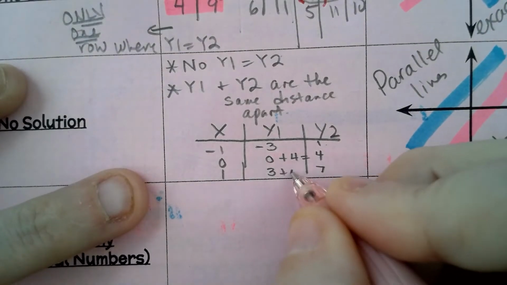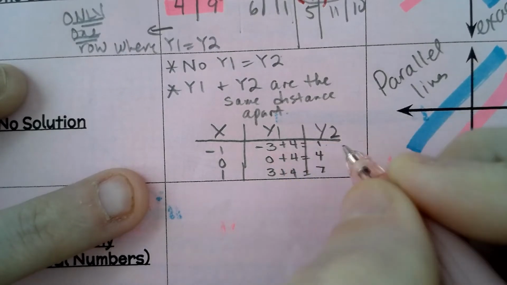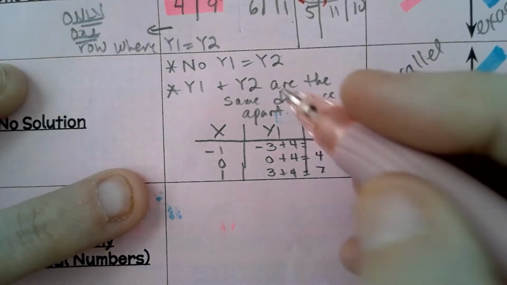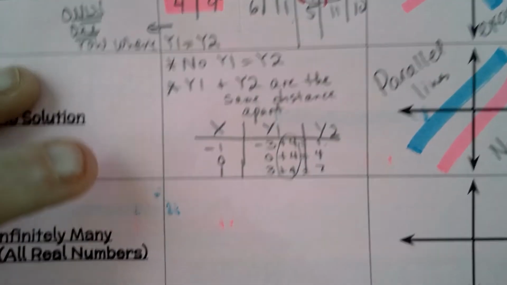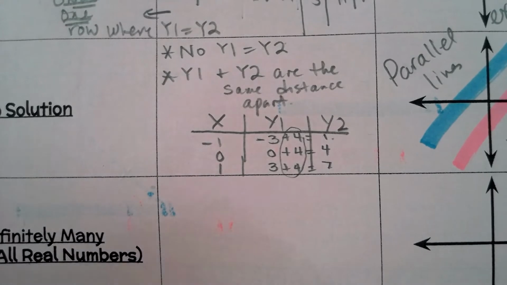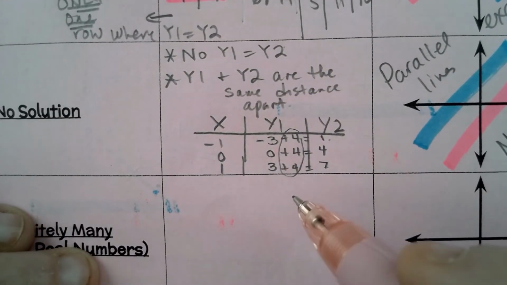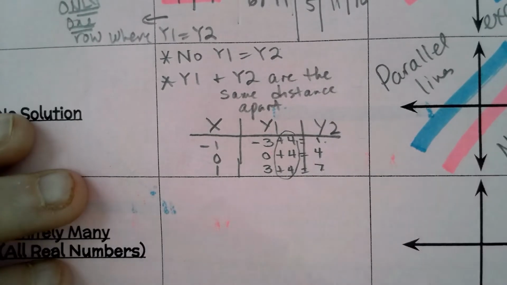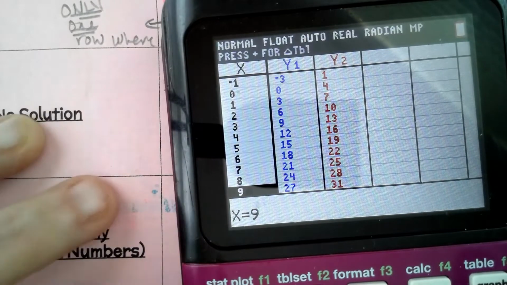What does 3 plus 4 equal? 7. What does -3 plus 4 equal? 1. Do you see how these are all the same distance apart? That means they're not getting closer or further away, which means they're parallel. This is what parallel lines look like in a calculator. So again, we don't just want to look for y1 and y2 not being equal, because we may just not have found it.